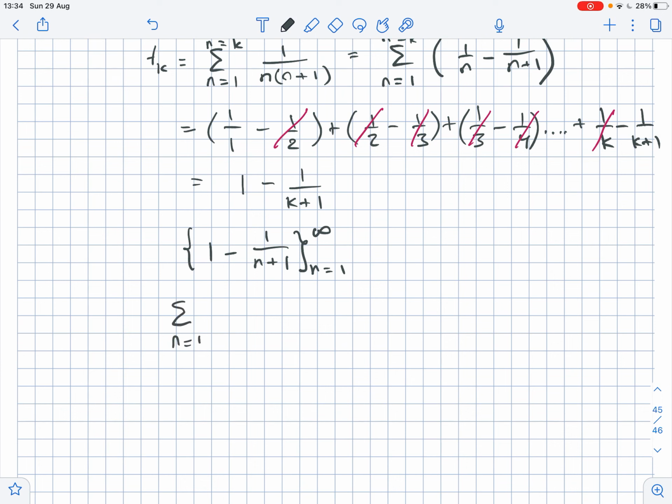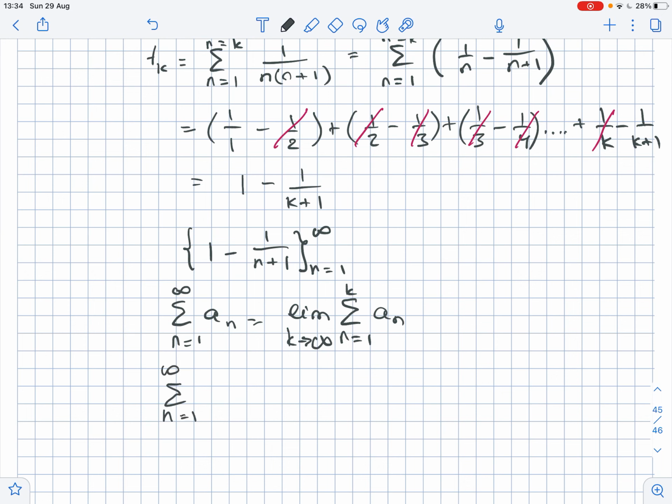So the sequence of partial sums is 1 minus 1 over n plus 1, from n equals 1 to infinity. Now it's known that the sum from n equals 1 to infinity of a_n equals the limit of the sum from n equals 1 to k of a_n, where k approaches infinity.